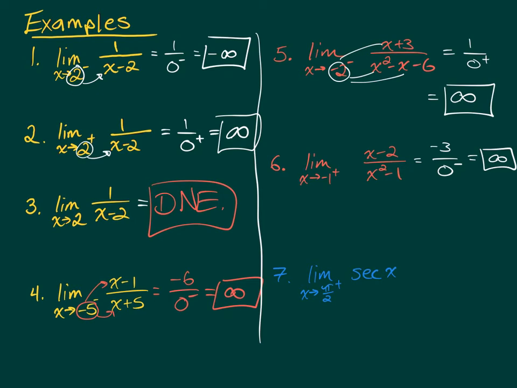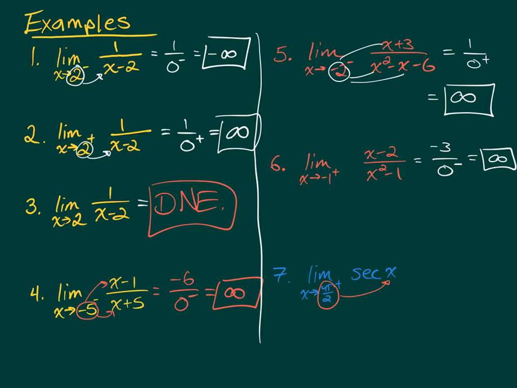And in this last example, the limit as x approaches pi/2 from the right of secant x. Now this one is interesting because it looks like you can just substitute this pi/2 right in for secant x and get something.